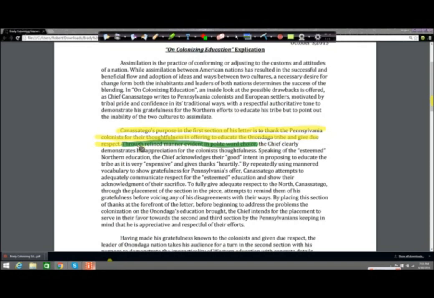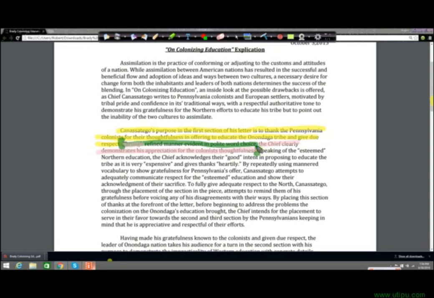Through doing this, the chief is doing this. The green right here, this is what he's actually doing. This is what he's done. But the pink is what he's meaning to do by this. This right here is explicating.